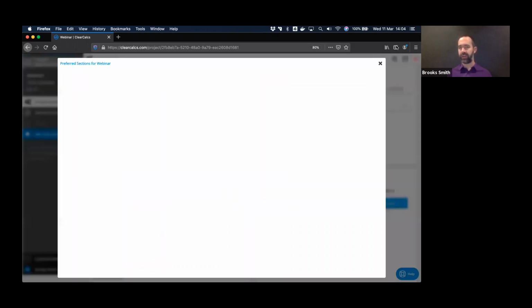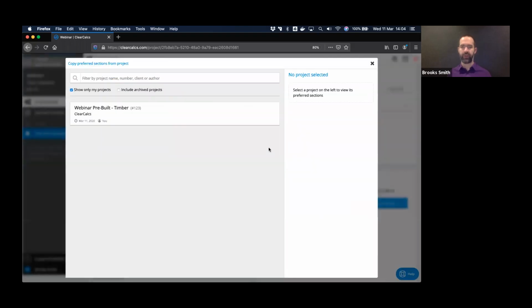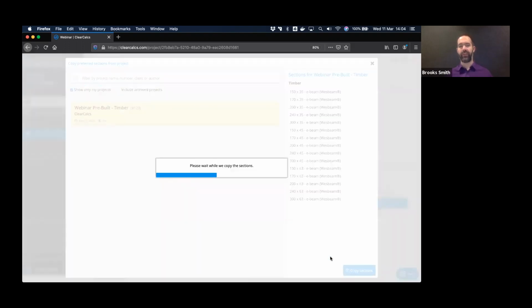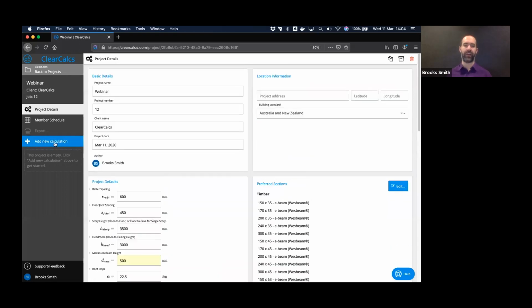I can add them individually on the Add Section screen here, but I've also already put together a bunch of them in another project. So I'm going to pick from the Westbeam catalog here. I'm going to say that Westbeam is the preferred supplier for this particular project, so I'm just going to copy the sections from that other project. That's going to put those into my preferred sections list here.